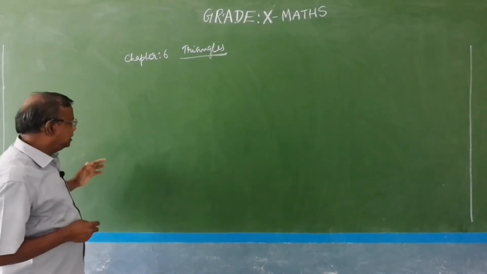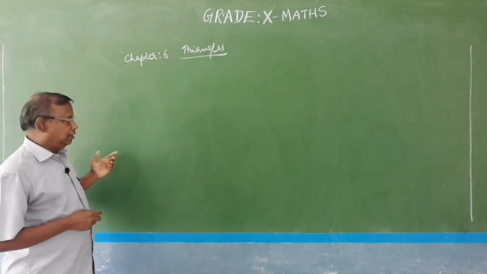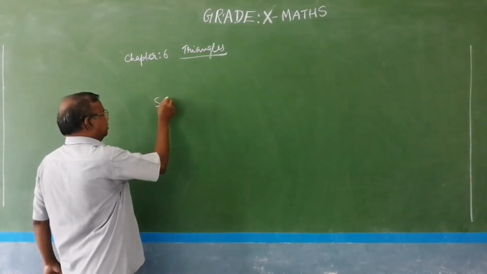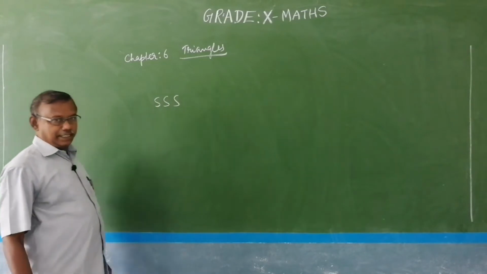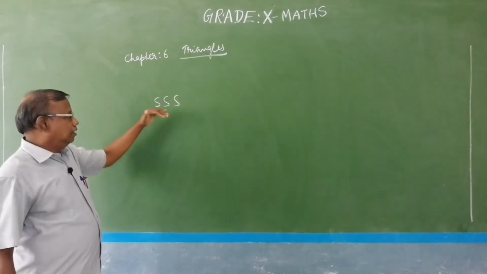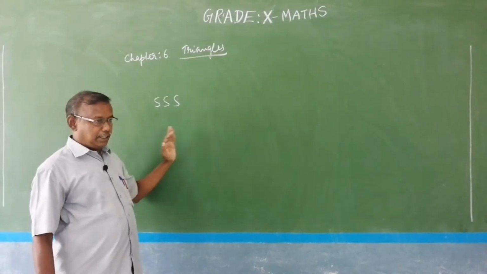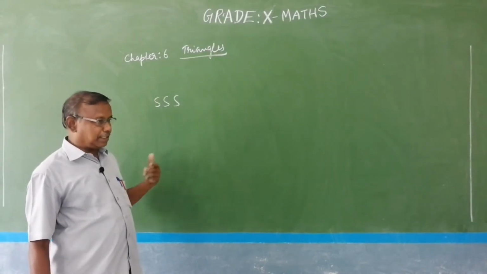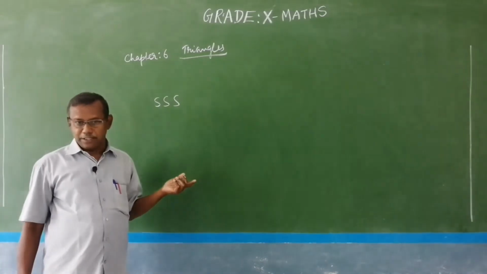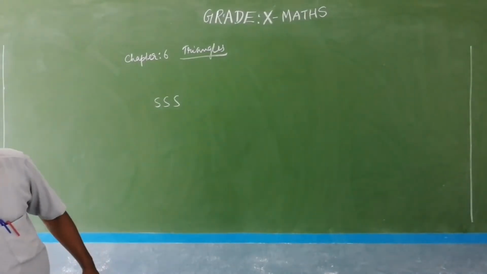In congruency, let us recall there is SSS, side congruent. That is, if three sides of one triangle are equal to the three sides of another triangle, then those triangles are said to be congruent to each other.